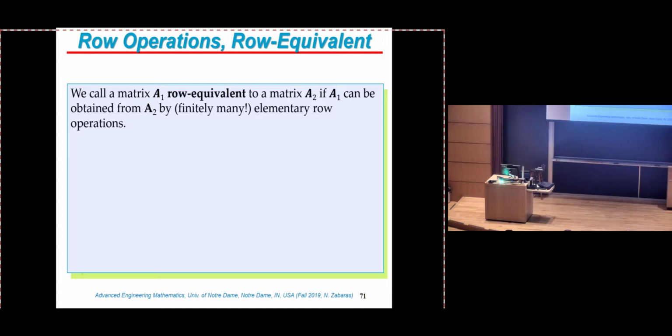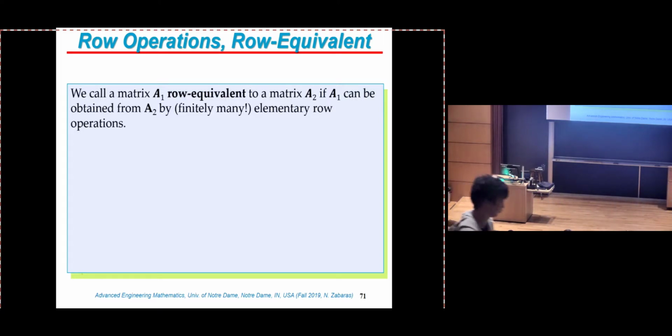Again, this is a subject a little bit ahead of our schedule. On Wednesday, we're going to learn how to do these row operations using matrices, but today I just want to introduce the concept. If you take a matrix A1, do some elementary row operations on it, and get a matrix A2, then we call A1 and A2 row equivalent.